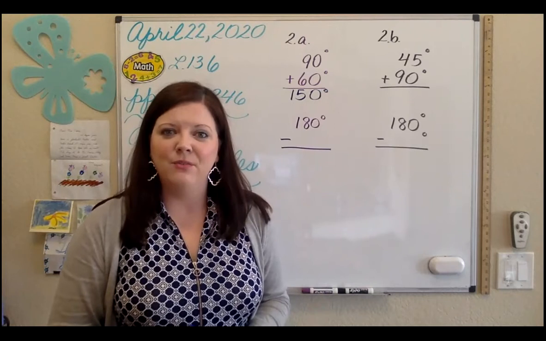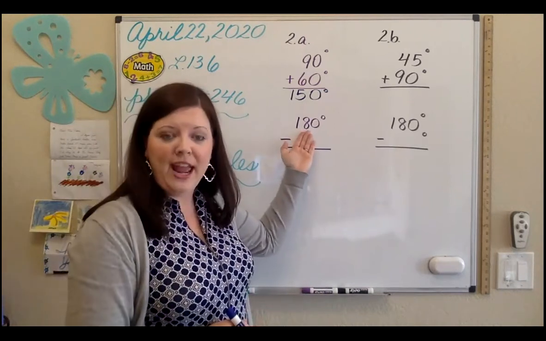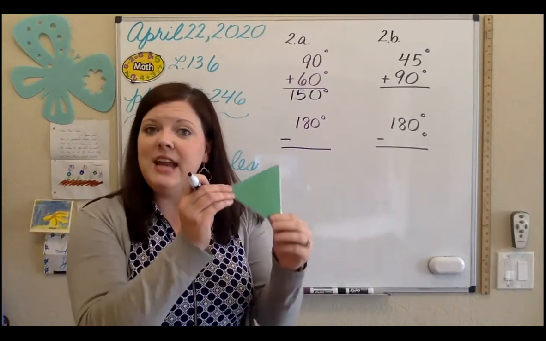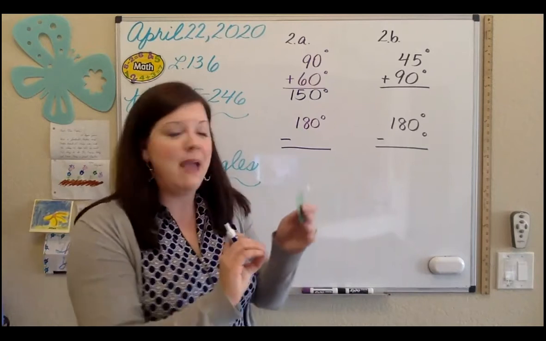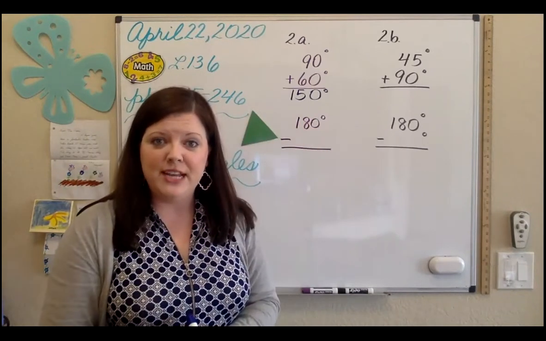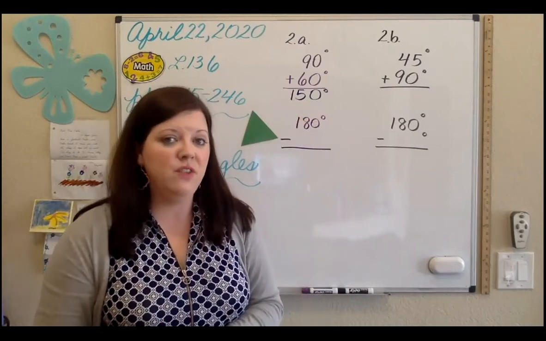Add what you have. The second step, because we know that all triangles, it doesn't matter what, if they're scalene, isosceles, equilateral, it doesn't matter. All triangles equal 180 degrees. We know that we have so far a total of 150.